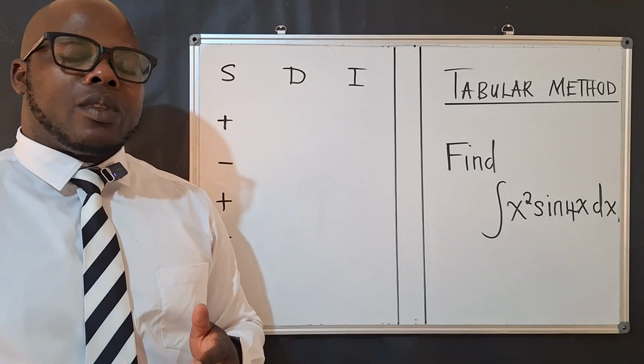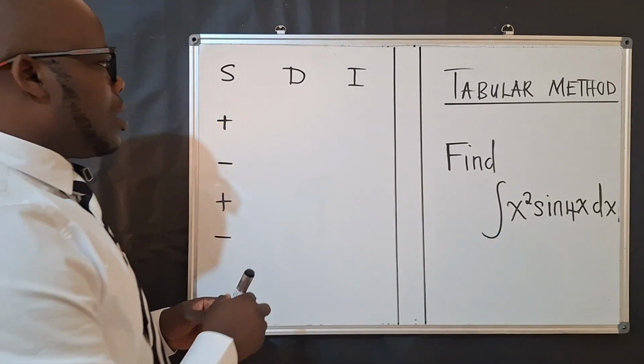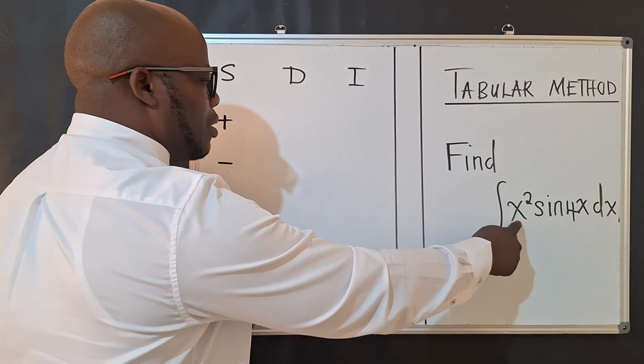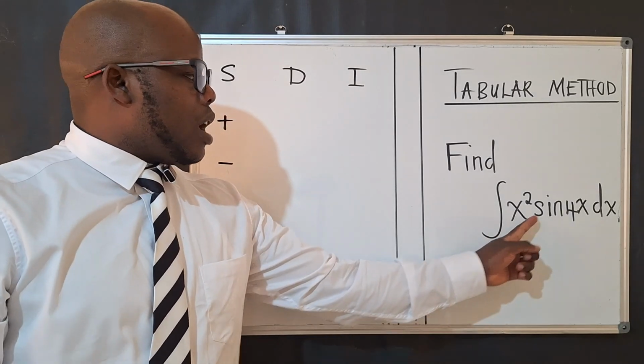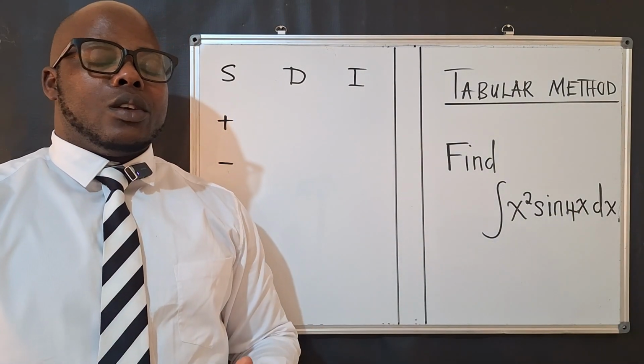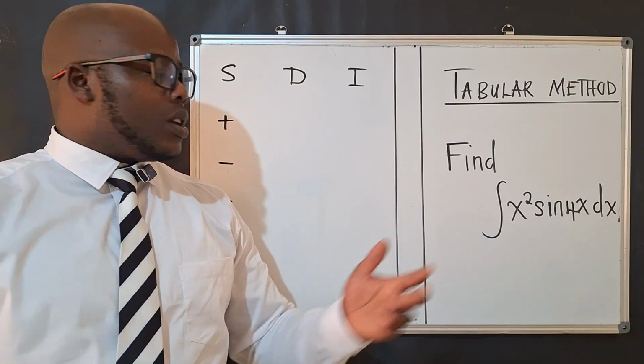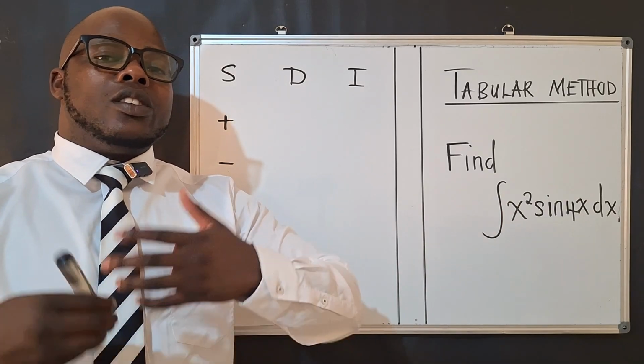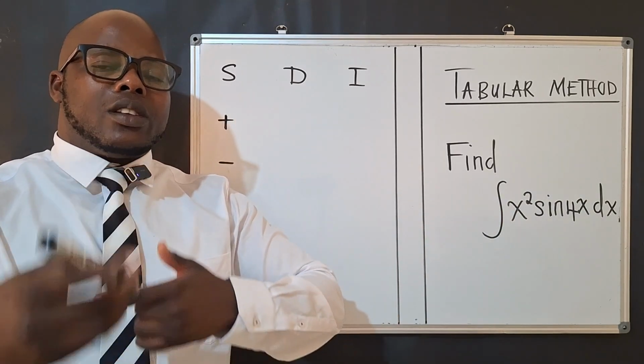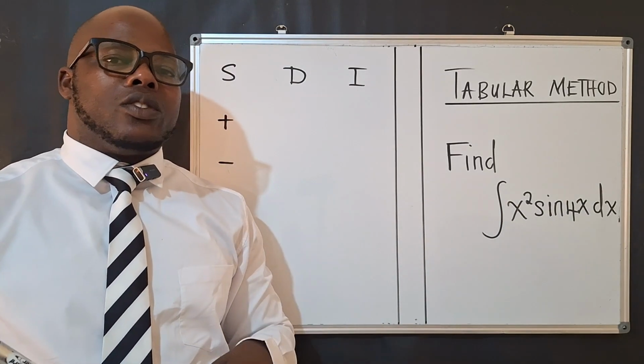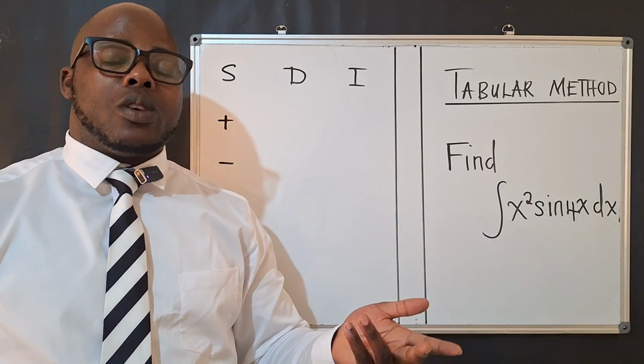When you write those signs, you come to these two functions. You can see this is algebra and this is trigonometry. So which one between the two of them can give you a zero when you keep on finding its derivative up until it gives you a zero?